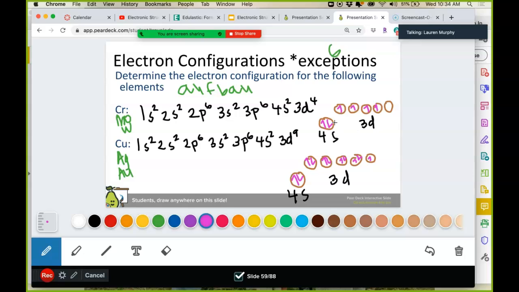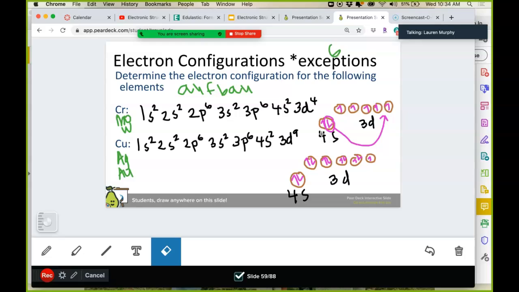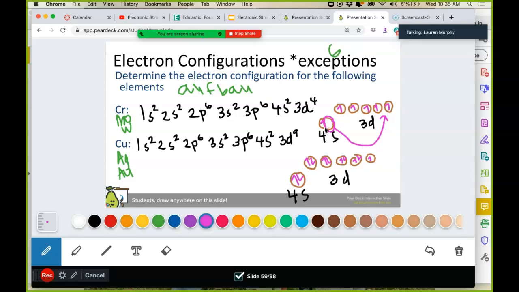So what happens is this electron right here actually jumps to this empty d orbital. Now you have minimized repulsion between the two electrons in the s orbital, and you've created a half-full shell. This is a half-full d orbital.